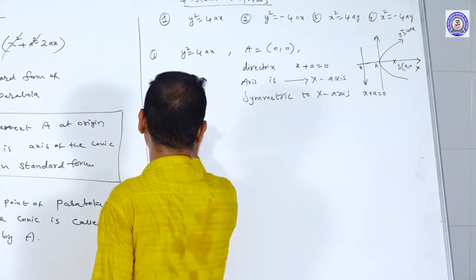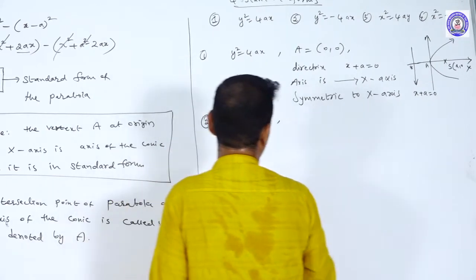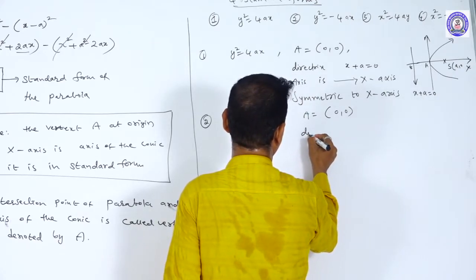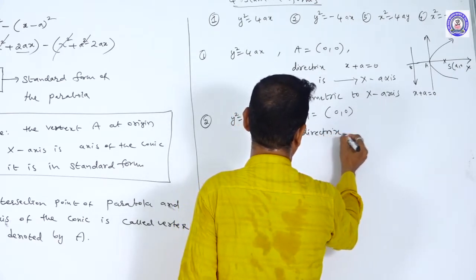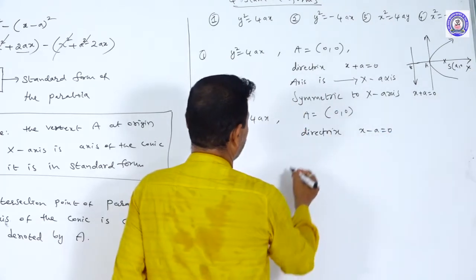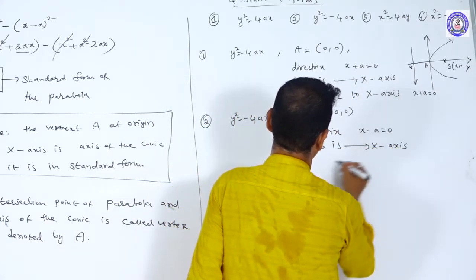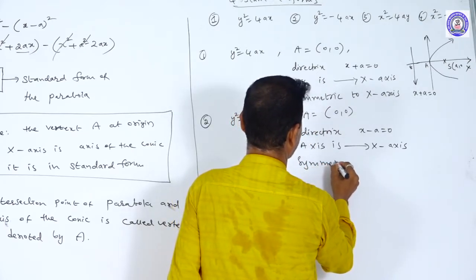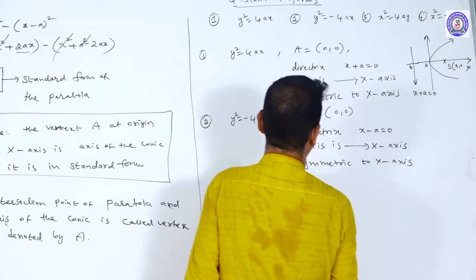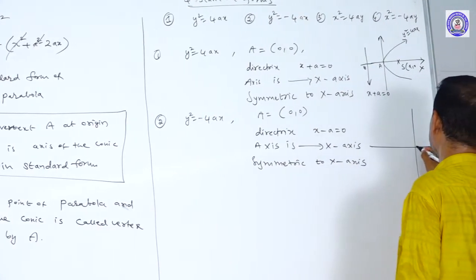Second case, y square is equal to minus 4ax. This is also a standard form. Here the vertex A is 0 comma 0, the same. The directrix is x minus A is equal to 0, the reverse, on the left side. The axis is the same, the x axis, and the diagram is symmetric to the x axis. This diagram is like this, open to the left side.